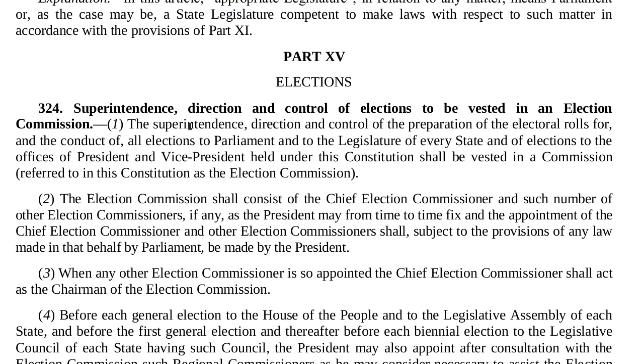The superintendence, direction and control of the preparation of the electoral rolls for, and the conduct of, all elections to Parliament and to the legislature of every state, and of elections to the offices of President and Vice President held under this Constitution, shall be vested in a Commission referred to in this Constitution as the Election Commission.